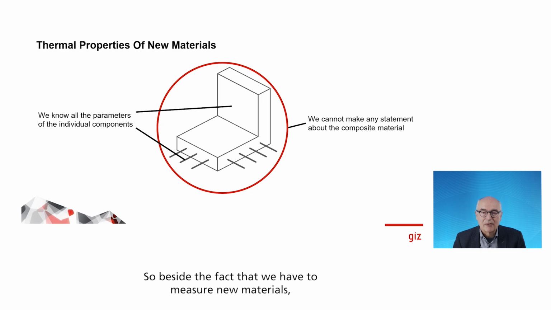So besides the fact that we have to measure new materials, we also have to measure composite materials in order to get their properties. But now let's have a look at how to do this and what devices we need.